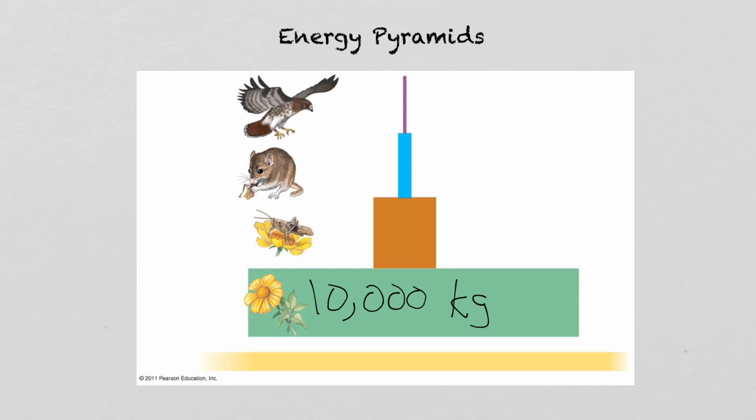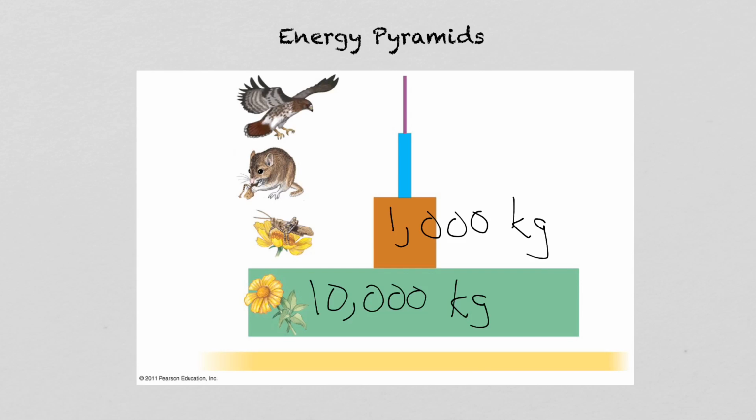now as we go up to the next level, there's only 1,000 kilograms left. So basically what we've lost is 90% of our biomass going from our producers to our primary consumers.